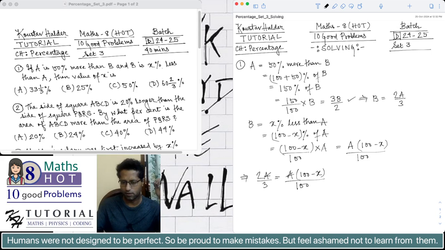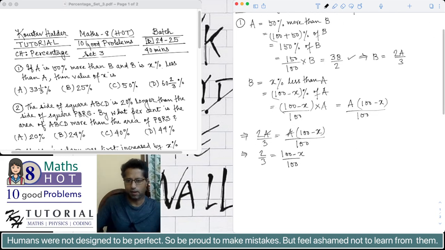So in any given equation we can always multiply and divide both sides by the same non-zero number. So if we divide both sides by A, we get 2 by 3 is equal to 100 minus X divided by 100. So now we see this is a linear equation in X, and we can solve for X. So we can do cross multiplication.